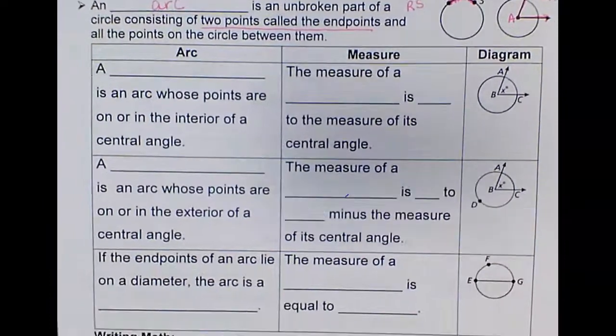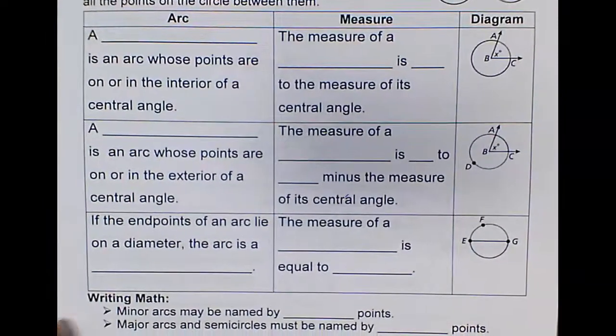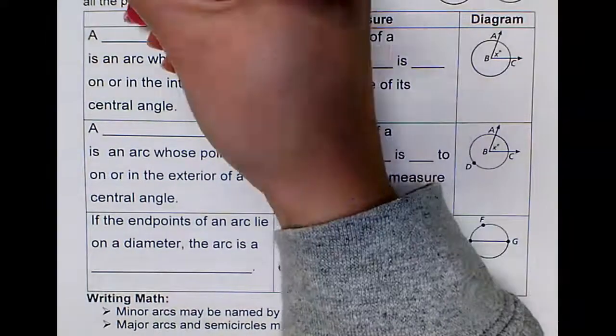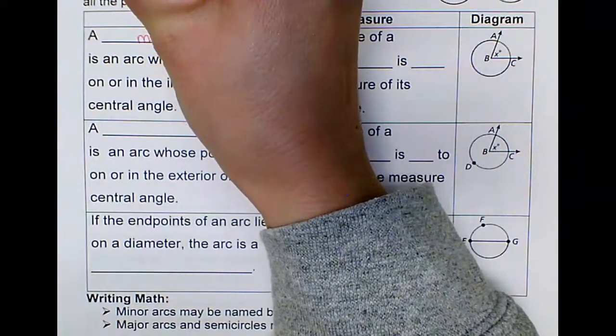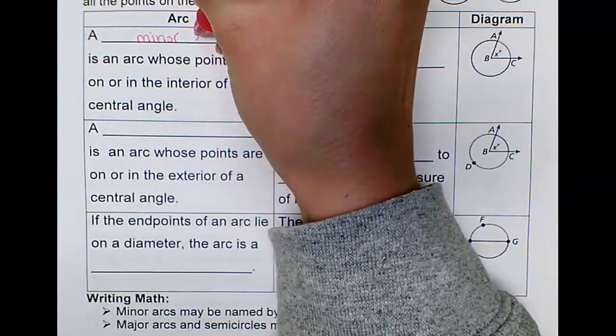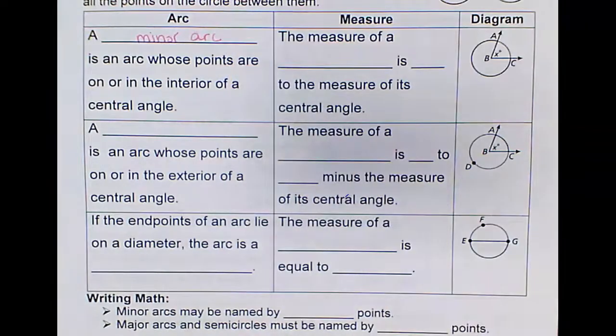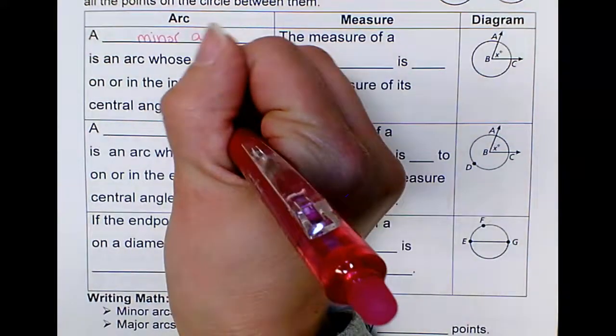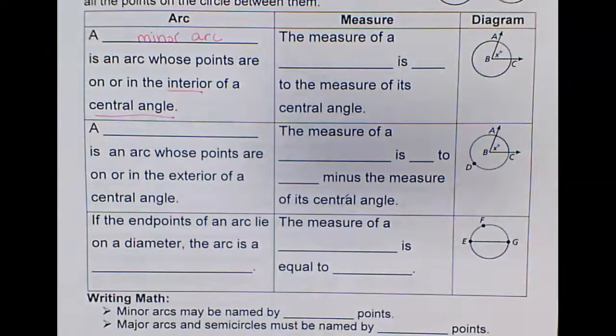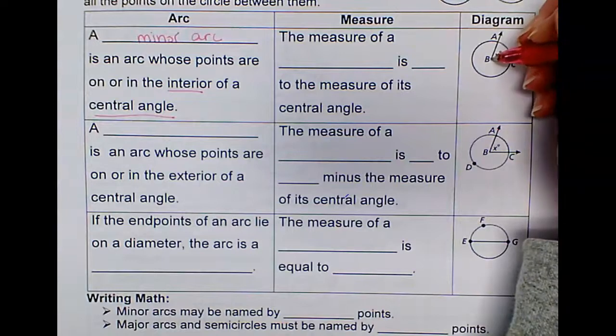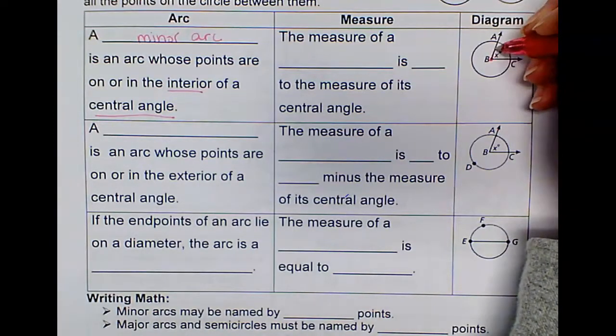Now we're going to talk about different kinds of arcs. The first arc we're going to discuss is called a minor arc. A minor arc is an arc whose points are on or in the interior of a central angle. So we talked before about how a central angle is an angle with the vertex at the center of a circle.